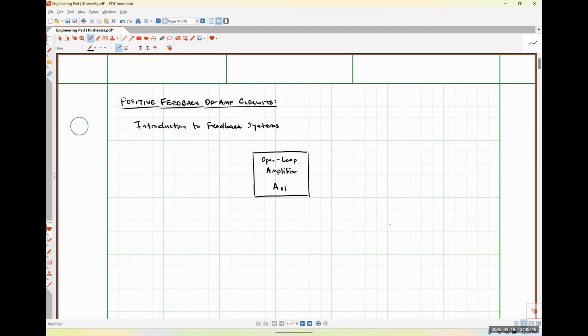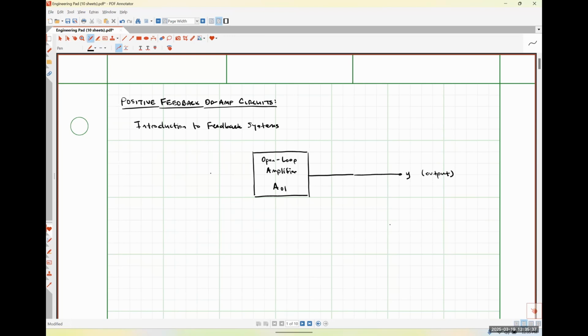And we know that in an open loop system over here to the right-hand side should be our output signal, which I'm just going to call Y. And I'm going to make a note here. This is our output.